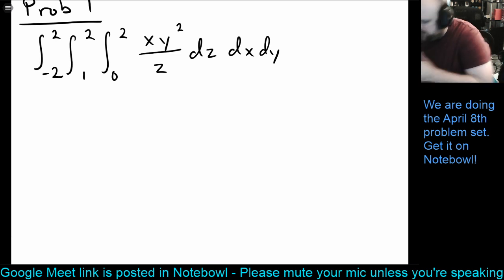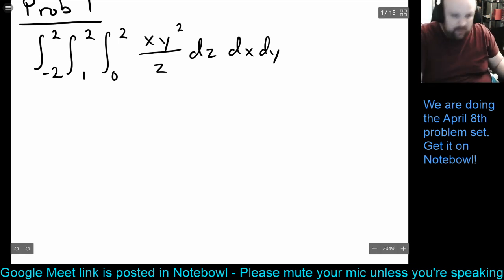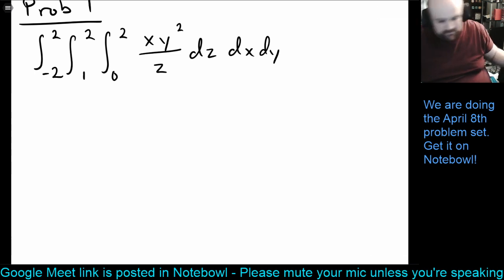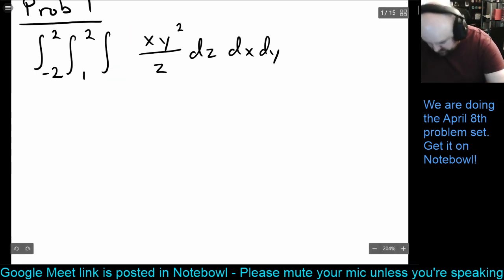I think I copied that problem wrong, because this is not integrable. I made a mistake. Yep, copied the bounds from another problem. Cool. This should have been 1 to e.